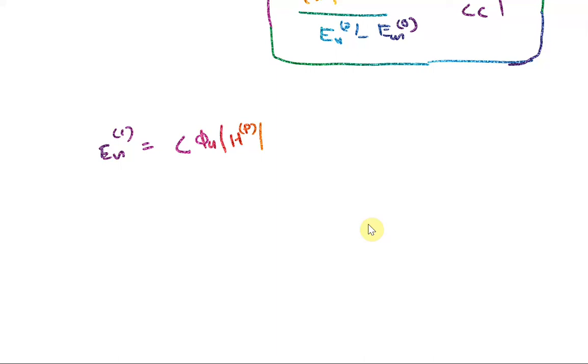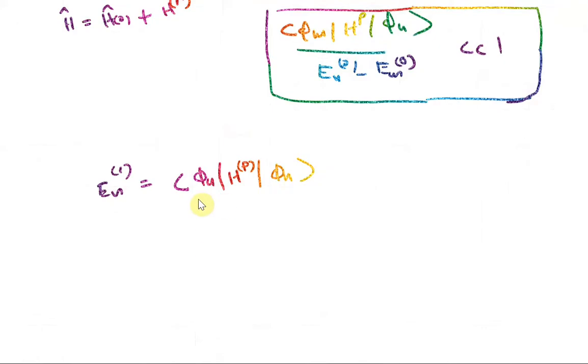That correction acting on the unperturbed state phi n will give you the first order correction in energy. What you need to know is the perturbed Hamiltonian, which is acting on the unperturbed states. That will give you the first order correction in energy.